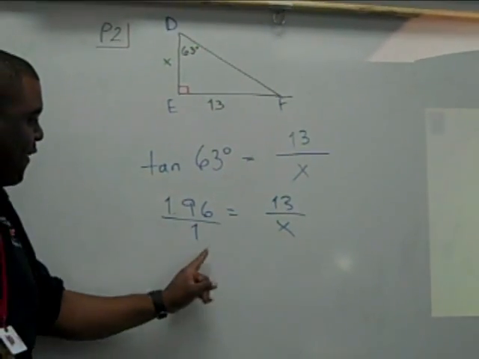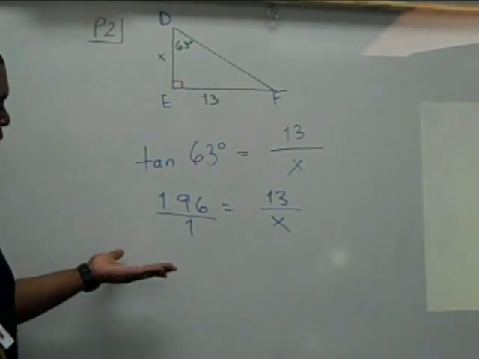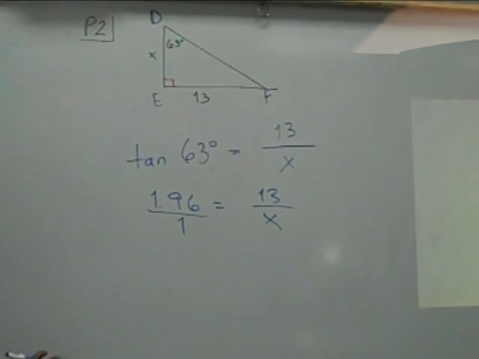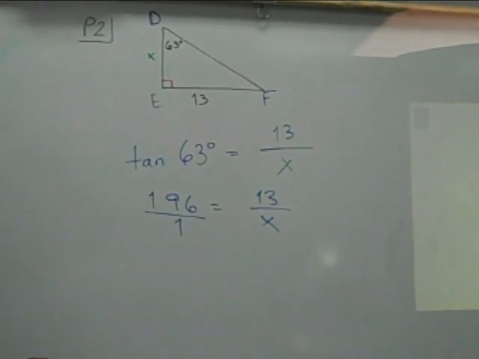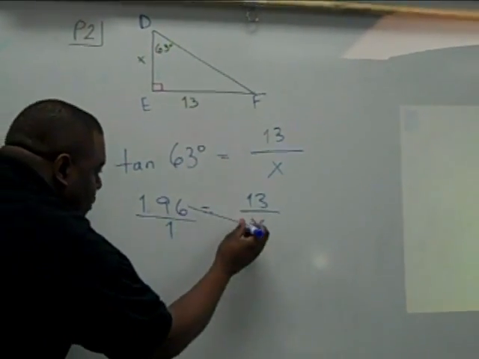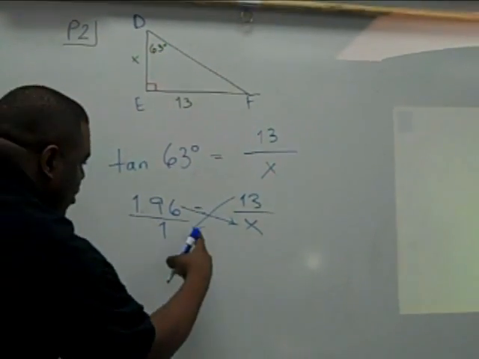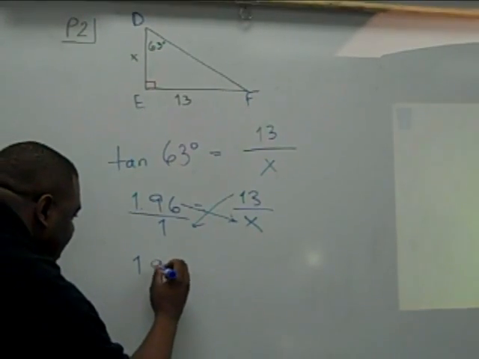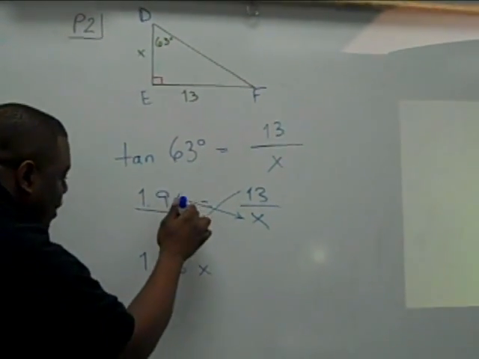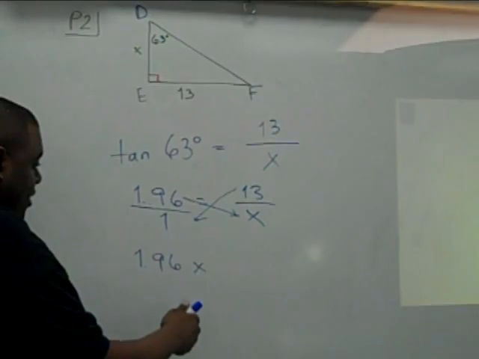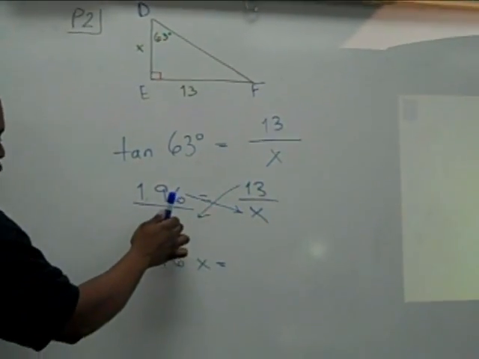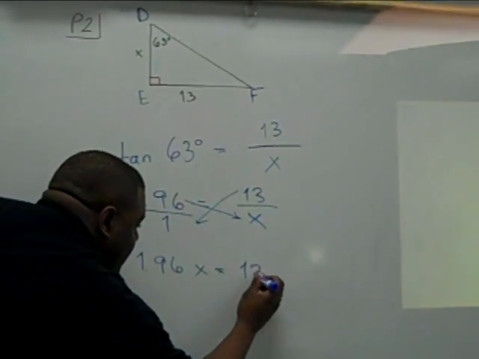And now look, we have a proportion right here. So how do you solve a proportion? Cross multiply and divide. So I'm going to multiply these two and multiply these two. So we have 1.96x, because 1.96 times x is that, equals 13 times 1, which is 13.